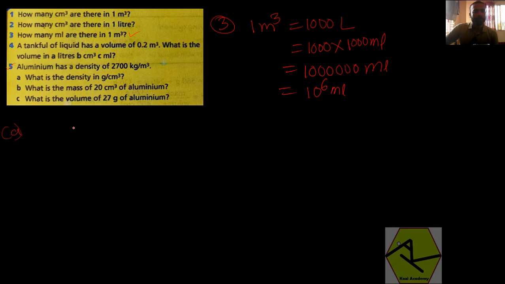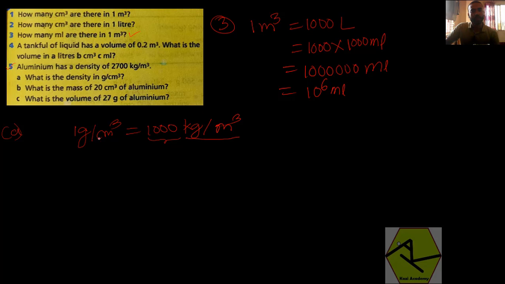We know 1 gram per cubic centimeter equals 1000 kilogram per cubic meter. That means the relation between them is about 1000. If we want to find kilogram per cubic meter in gram per cubic centimeter, then just divide by 1000.